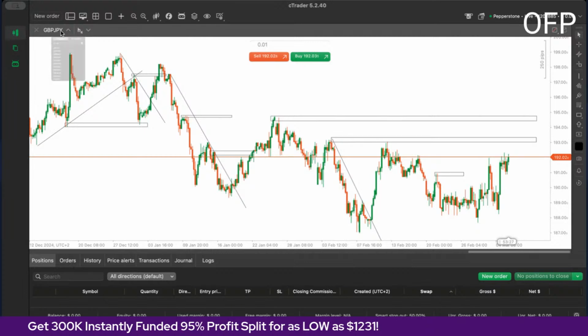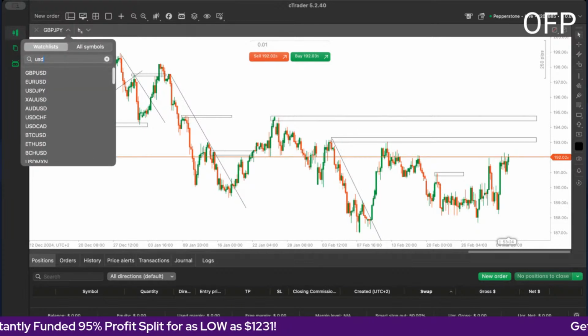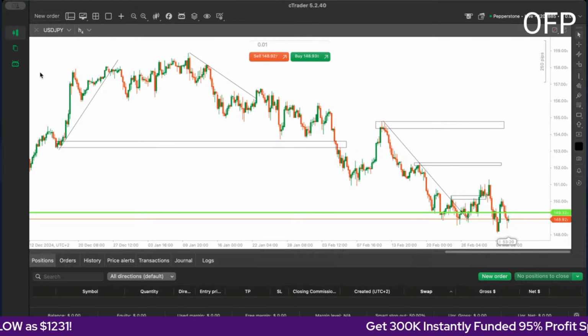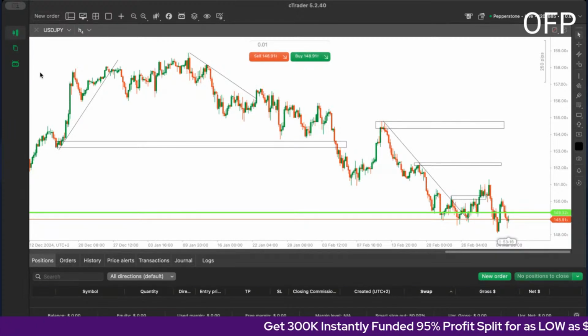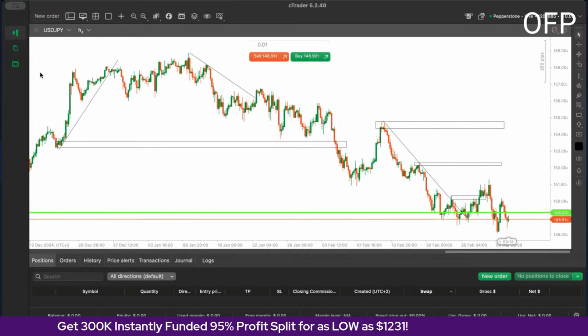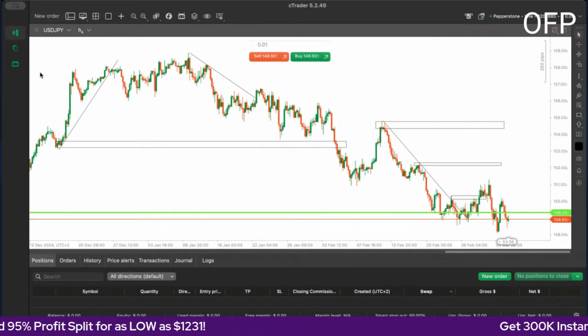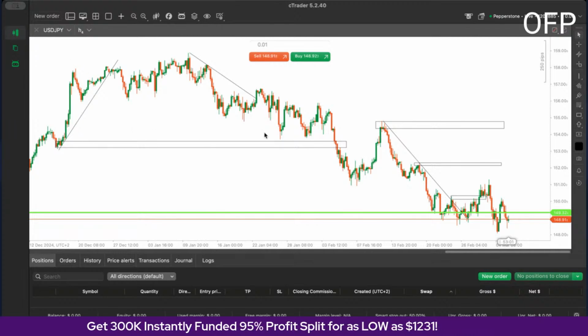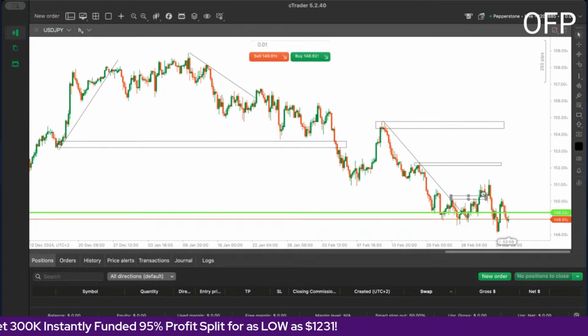Let's look at dollar yen. Dollar yen has been having a very, very strong free fall. It just seems like it does not want to go up. It's failing to. We literally broke the trend line, broke a level of resistance, went up, but then immediately reversed.